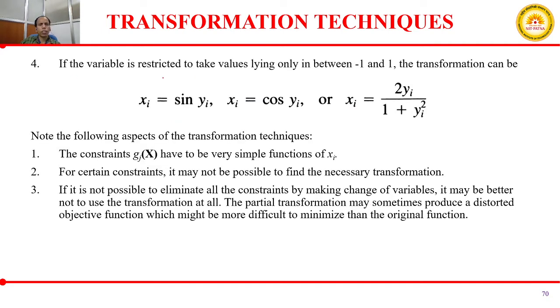Then there may be another restriction, that your constant value is lying between -1 to 1. If your constant can take any value between -1 to 1, then you can choose any of these values for transforming your constrained problem into an unconstrained problem.